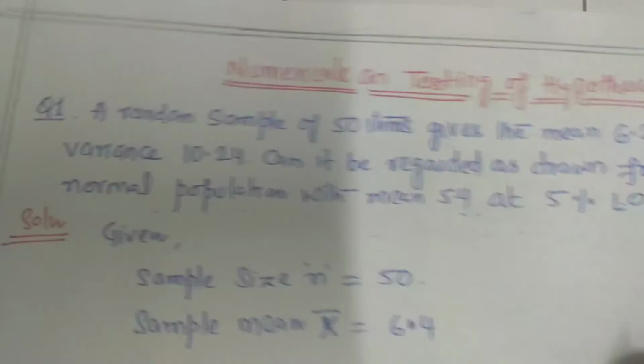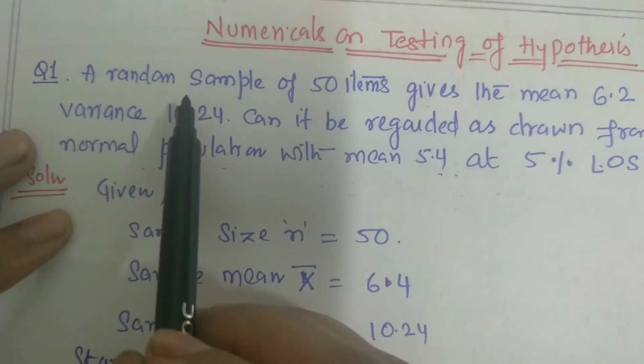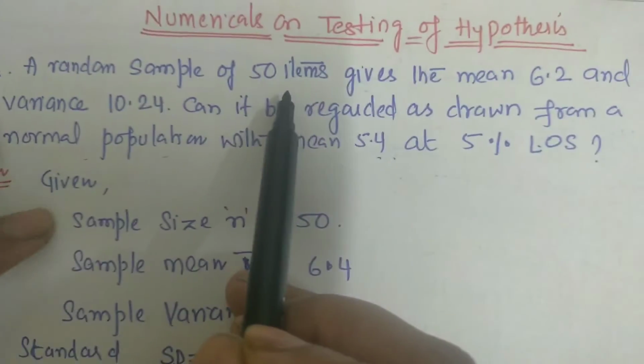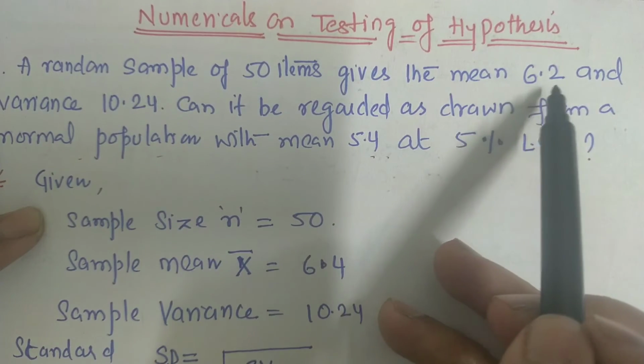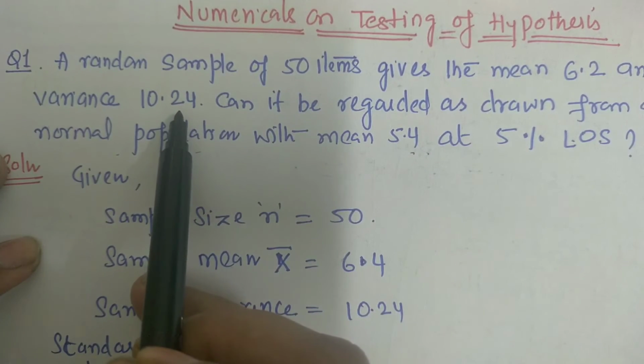So this is the question. A random sample of 50 items gives the mean 6.2 and a variance 10.24.